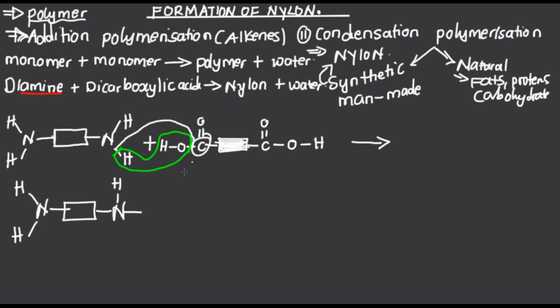Then we have this carbon atom here, then the shaded box, then we put the other point, plus H2O. So we've seen we have water. Therefore, this is a condensation polymerization. Now, we can have a long chain.